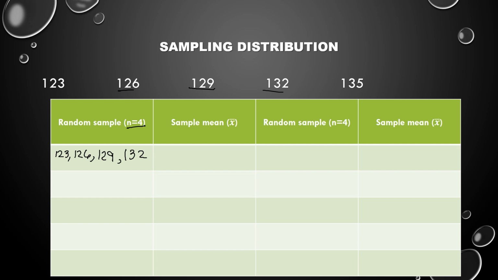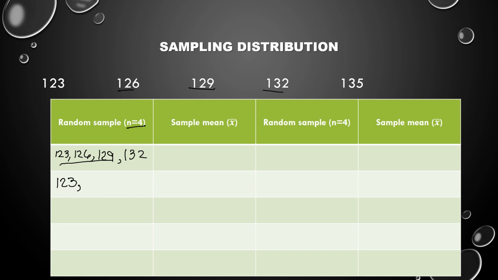Next combination, we have to start again with 123 because we only used up to 132. That means we can still follow through with the first 3 numbers here, and we change the last one to 135.